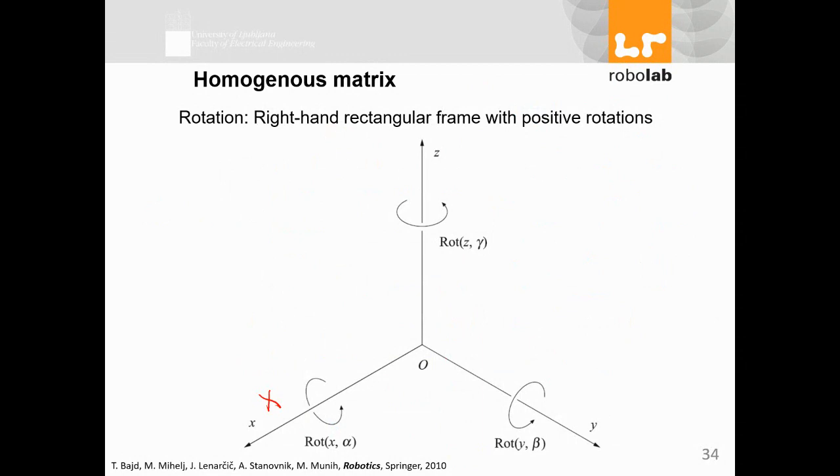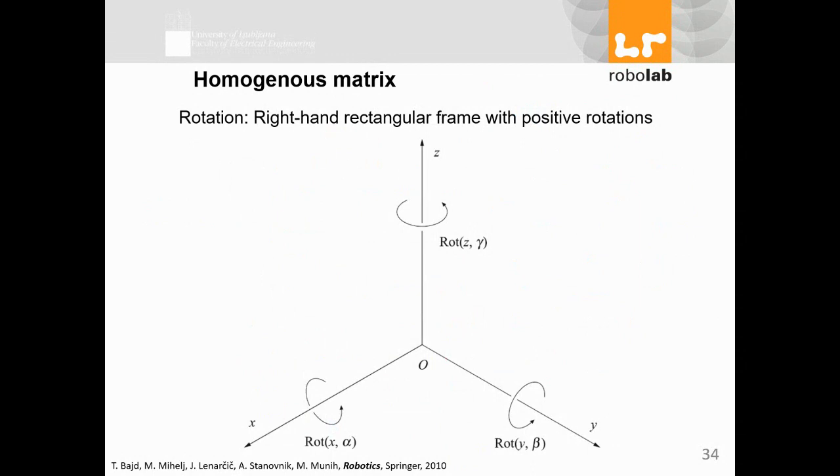So here the positive rotation is defined based on the right-hand rule. Right-hand rule means when your thumb is in the direction of the axis, your fingers show the rotation direction. So keep that in mind. That's positive alpha.